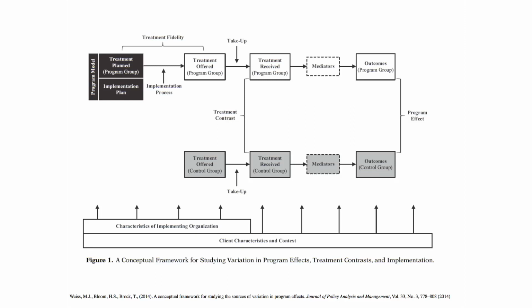And these things are influenced by the characteristics of the implementing organization, the client characteristics and the context. Then we have the way that these two different programs are taken up, your treatment and control, what's received, any mediators and outcomes. Throughout this process, we have resources.